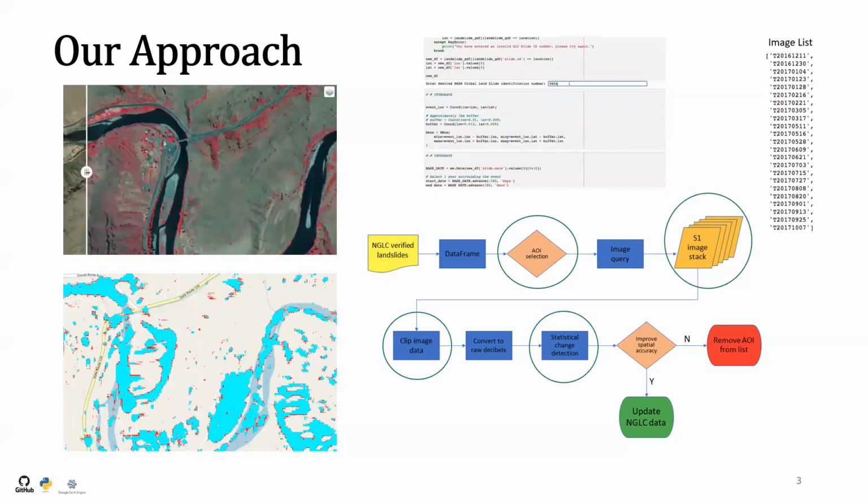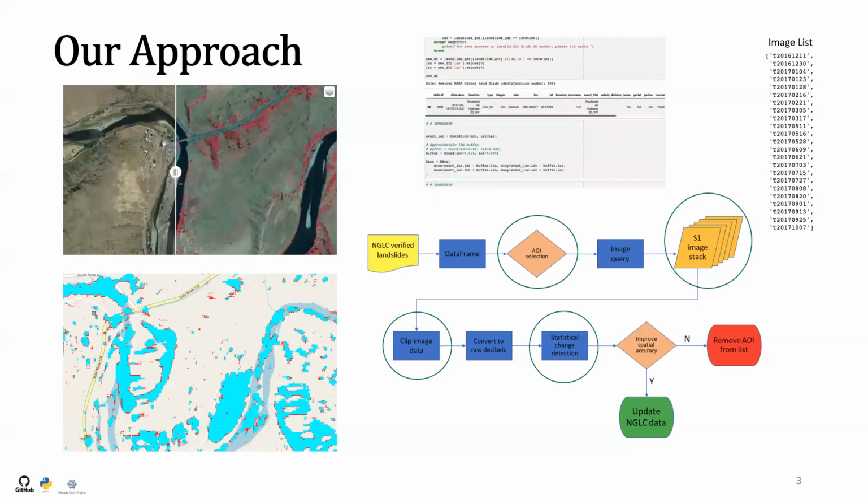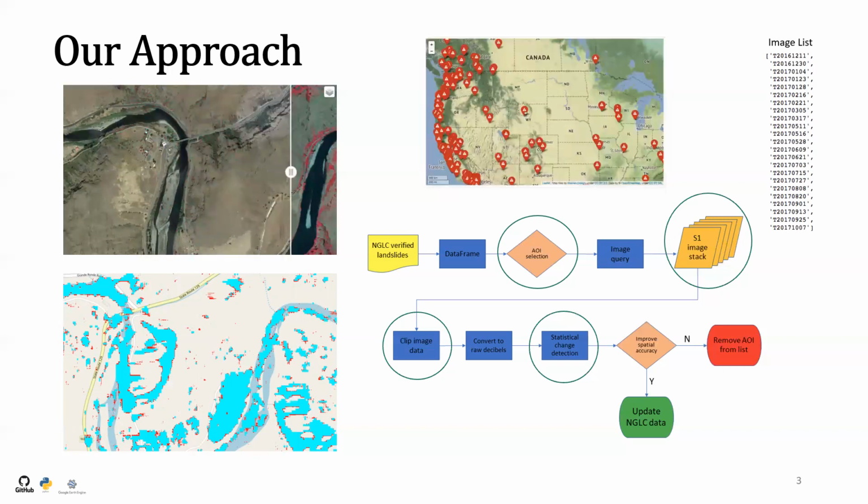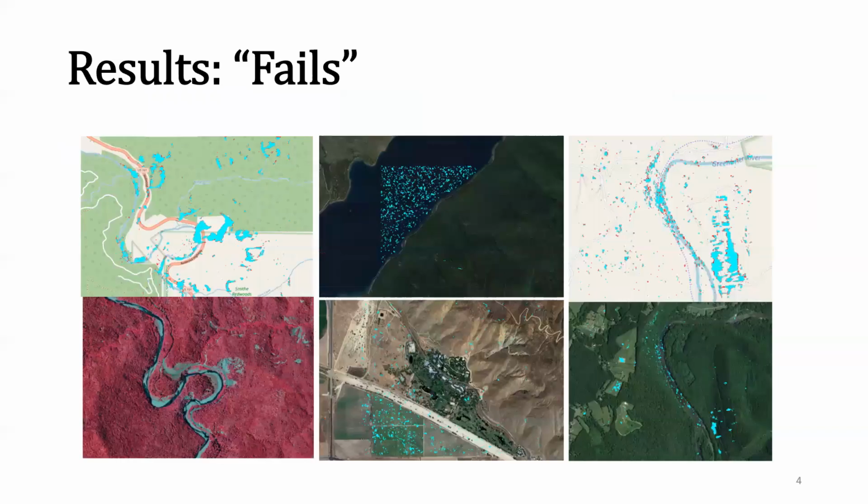And then from there, we would clip the image and build a statistical change detection model in the SAR that would give us basically the bounds of the destruction and the landslide scar. And I'll turn it over to Leah for the rest of the presentation.